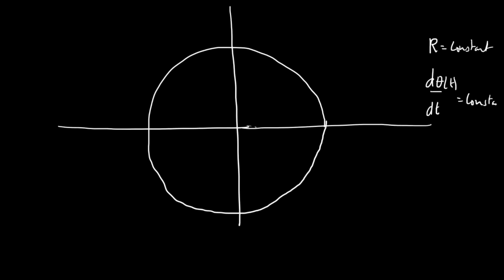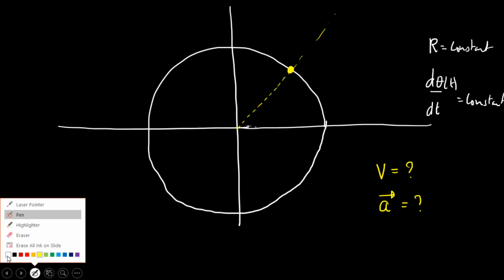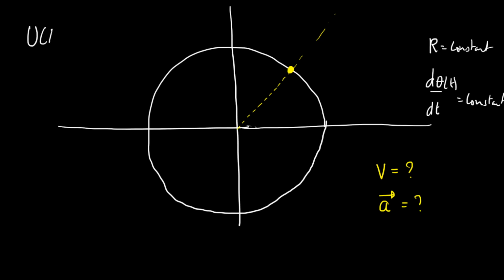So can you tell me at any instant of time, so let's say that the particle is here, what is the velocity and what is the acceleration? So this is what we call the kinematics of uniform circular motion. And this was indeed a tough problem for us a few weeks ago.